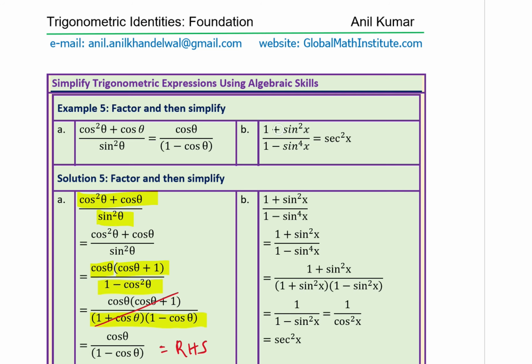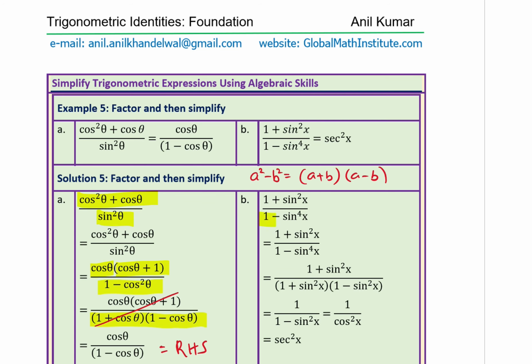Now the same strategy is applied here. So these are to illustrate how beautifully you could use the strategies for simple examples. Now this could be done for any example, correct? (1 plus sine square x) over (1 minus sine to the power of 4 x). You can apply difference of squares. You remember a square minus b square equals (a plus b) times (a minus b). So we can factor the denominator.